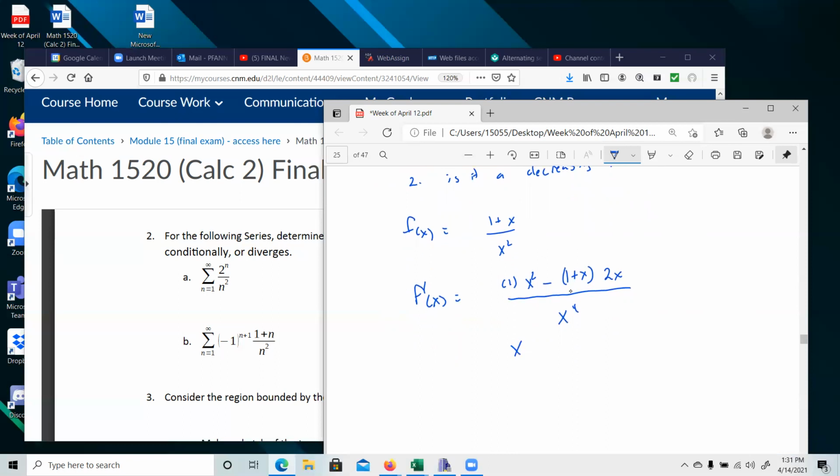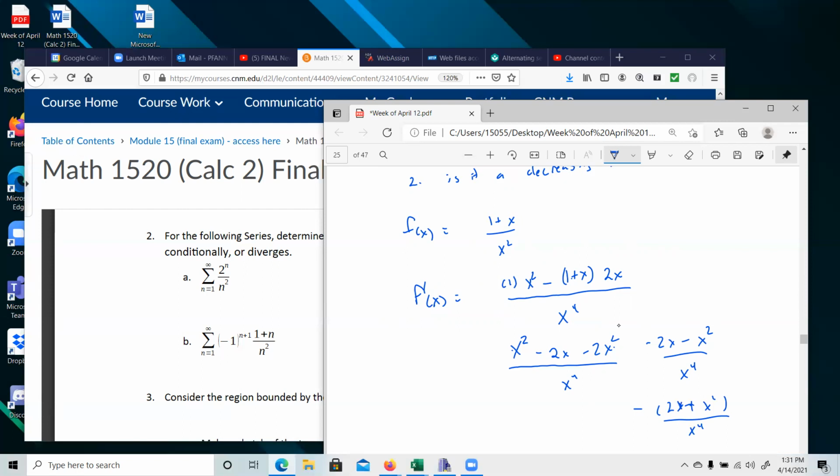So we have x squared minus 2x minus 2x squared over x to the 4th. That's minus 2x minus x squared, or rather minus 2x plus x squared, over x to the 4th.